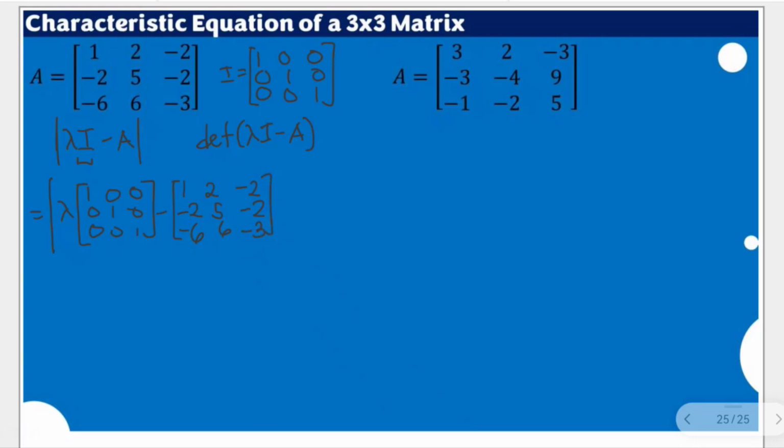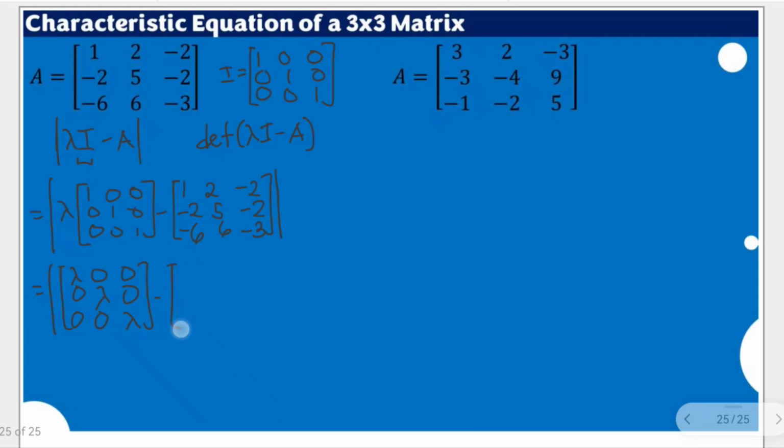Notice that our identity matrix and our given matrix are both 3x3, hence the difference of the two will be defined. But first, let's multiply the lambda. You have lambda, 0, 0, 0, lambda, 0, 0, 0, lambda.